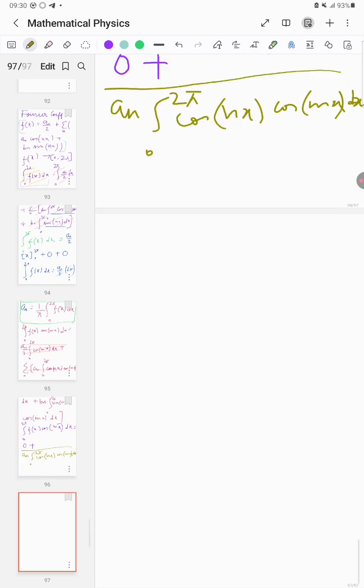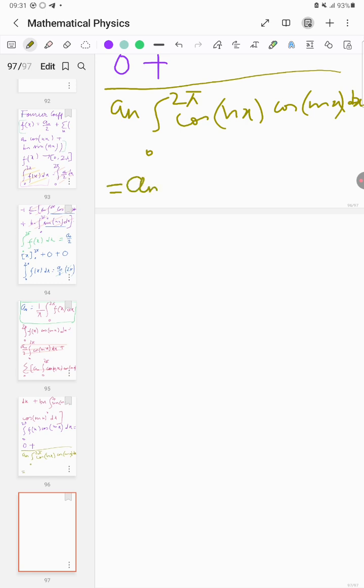And this will break into, what will this break into? Again, we'll use an identity which breaks this into, forget about the a n term. a n being a constant, we'll not look into it right now.